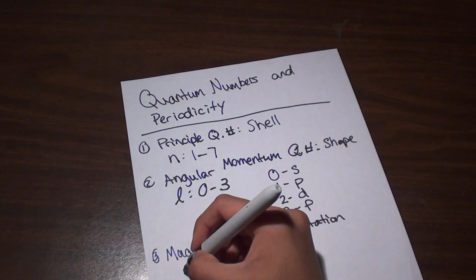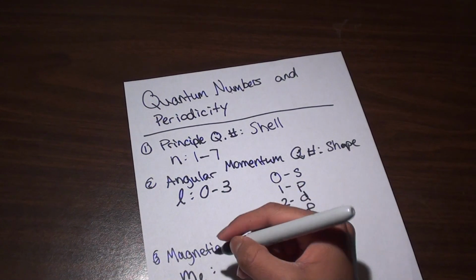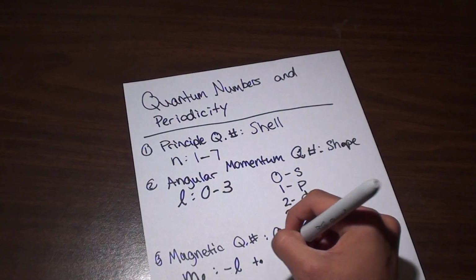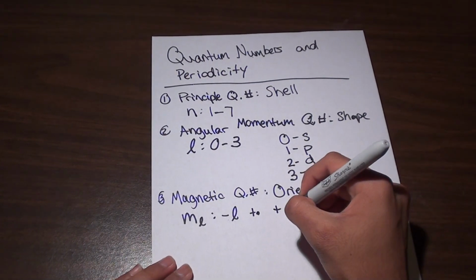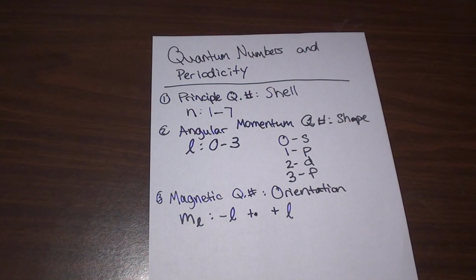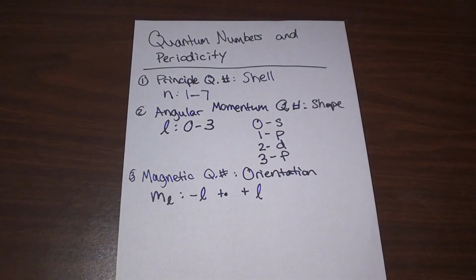And it's denoted by an m sub l, and its value ranges from negative l to positive l. So before you really figure out what value that holds, you need to first figure out the angular momentum quantum number because it is dependent on that.